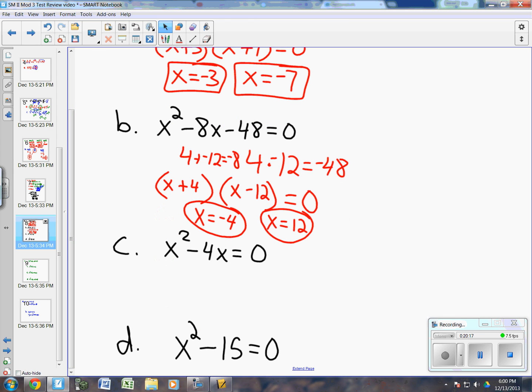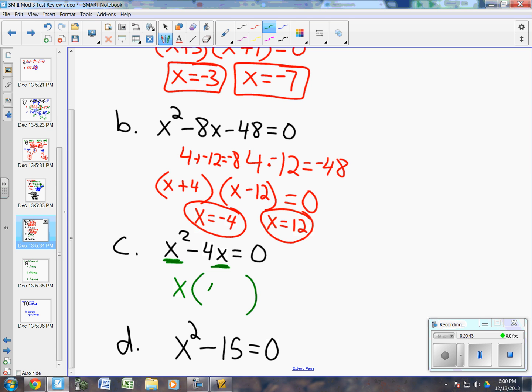Part C. This one right here, you'll notice that there is no constant term. You have x squared, and that's the quadratic term. You have 4x, which is the linear term, but there's no constant term. Well, the best way to do this one is to factor out a greatest common factor. You'll notice that there's two x's in this term and one x in this term, so I can factor out an x.